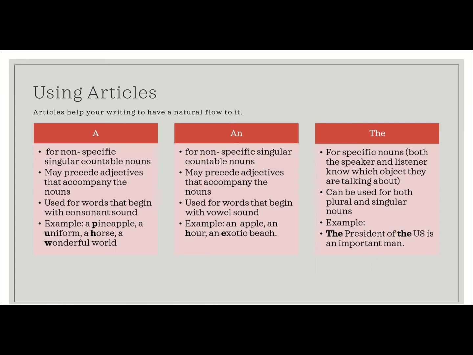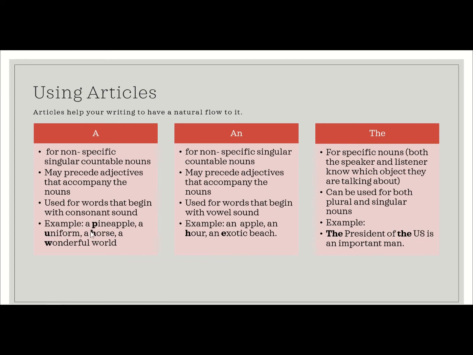And for the second example, you see the word uniform. The word starts with the letter U. It's a vowel letter, but it is pronounced Y. It starts with the sound Y, uniform. Therefore, we consider that this word starts with a consonant sound. Hence, using a is more appropriate, a uniform.